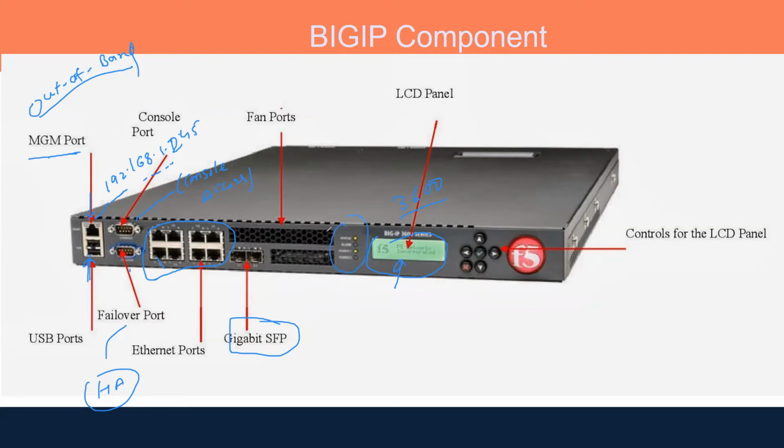And these are the indicator LEDs, or we can say the status LEDs. They are going to tell you what the status of the F5 device is, whether it is okay or faulty. So based on the indication, you can check.